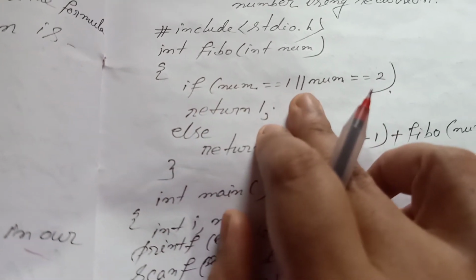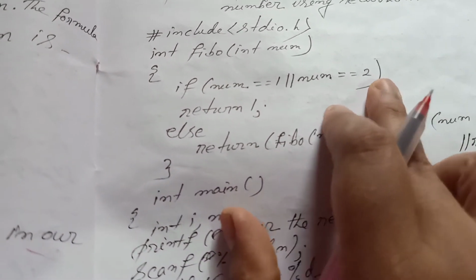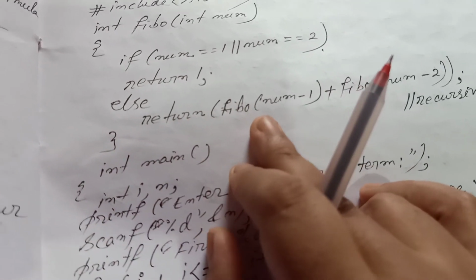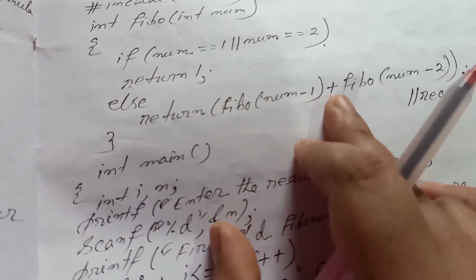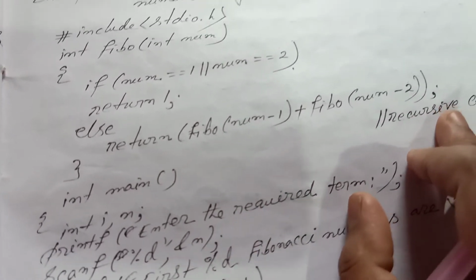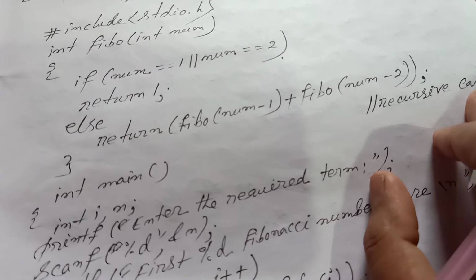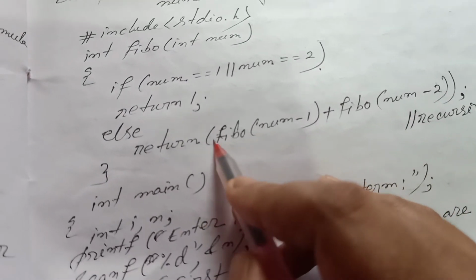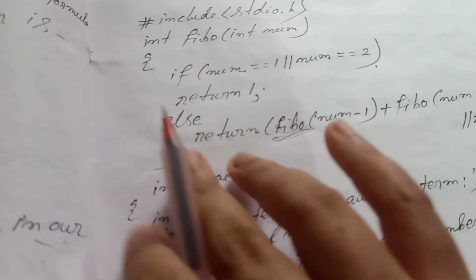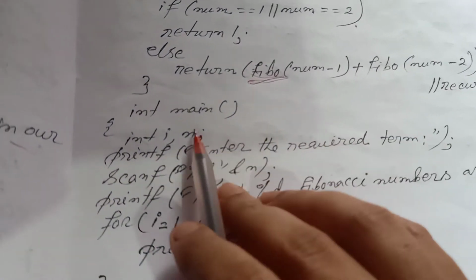If num equal to 1 or num equal to 2, then it returns 1. Otherwise, fibo of num minus 1 plus fibo of num minus 2. The recursive function is called here. That means the process is in recursion.